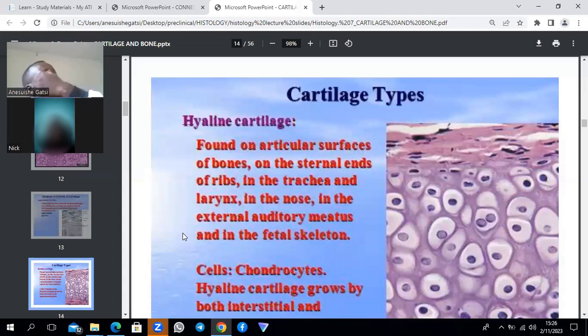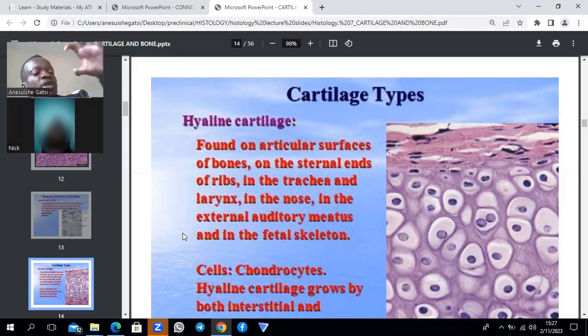So we have three cartilage types. We have hyaline cartilage, which is mostly type 2 collagen fibers with the ground substance: the glycosaminoglycans, the proteoglycans, and the multi-adhesive glycoproteins. Then we have elastic cartilage, where we have elastic fibers, because remember the types of fibers that we have: elastic, reticular, and collagen.